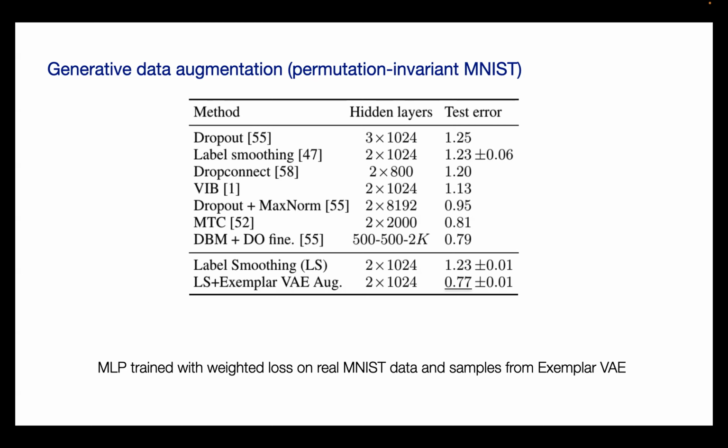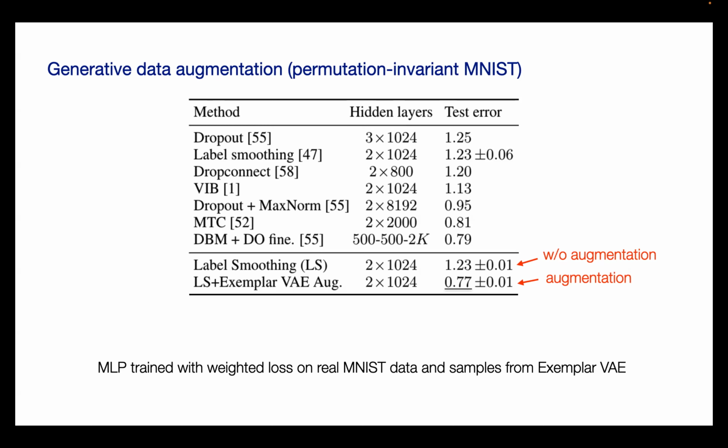And then what we found was that compared to the state-of-the-art models with simple regularizers like label smoothing, which got error rates of about 1.23% on MNIST, the model with the data augmentations dramatically dropped the error rate down to something very close to the state of the art.